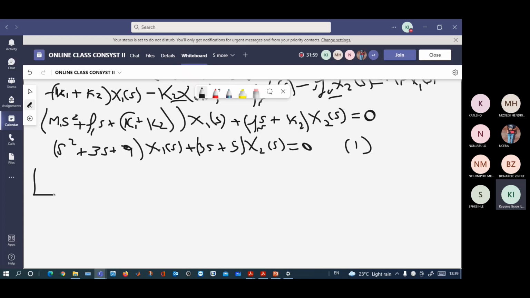Let's move to the second free body diagram. You can draw it. We have this, and this is the direction, X2 of t, for mass number 2. Okay, the place is not good to draw it.